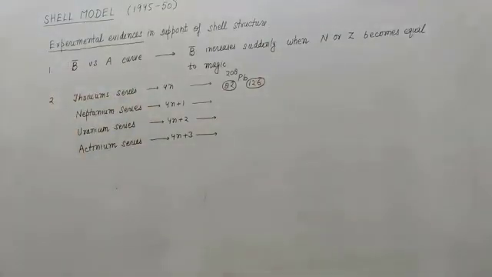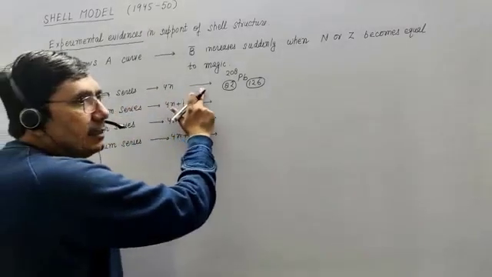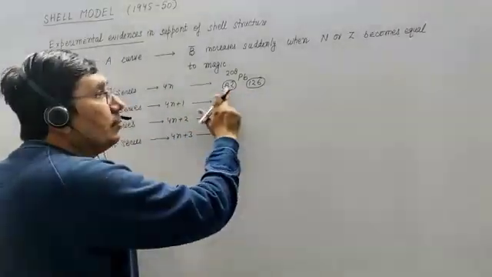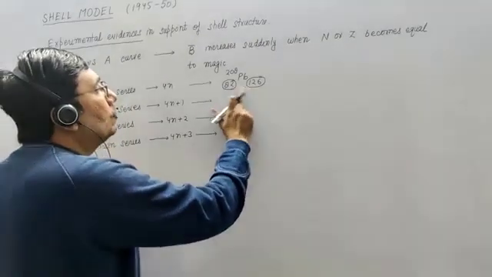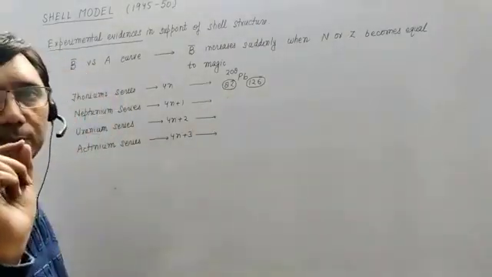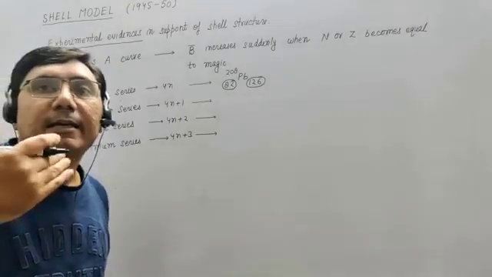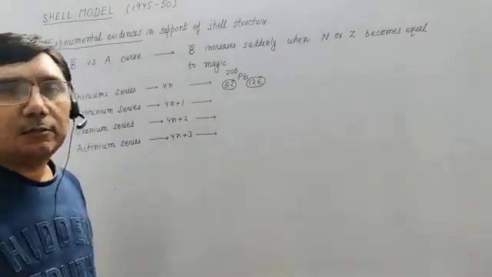So the stable nuclei at which this series ends carry a number of protons and neutrons equal to a magic number. These protons and neutrons provide extra stability to the nuclei.